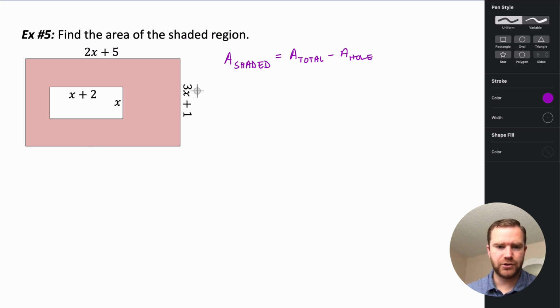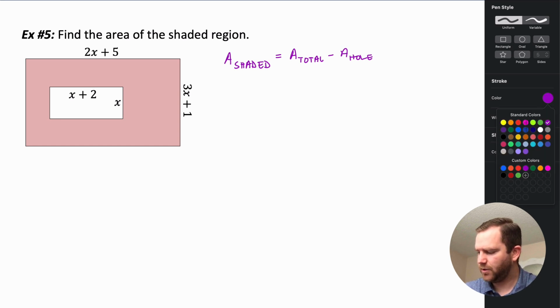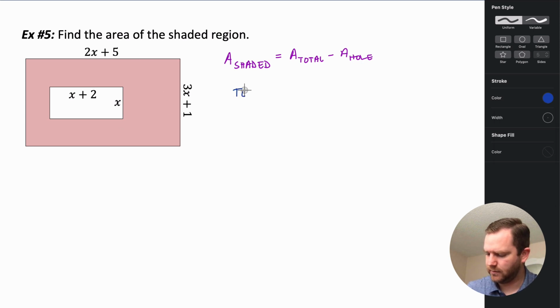To find the area of the shaded region, we need to first figure out what's the total area, what's the area of the hole, and then take their difference. If I want to find this big area, the total, well, that can just be represented by the area of this rectangle. And we know the area of a rectangle is length times width, so we can just do that product.